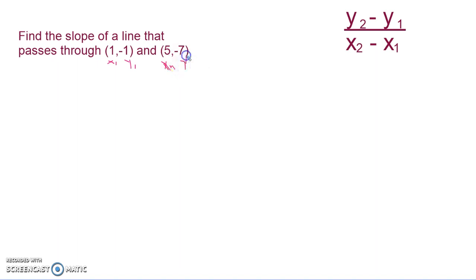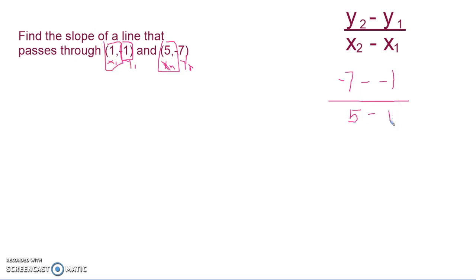So now we take this y2, which is the negative 7, minus the y1, which is negative 1. So I have negative 7 minus negative 1. And then we take x2, which is 5, minus x1, which is 1.